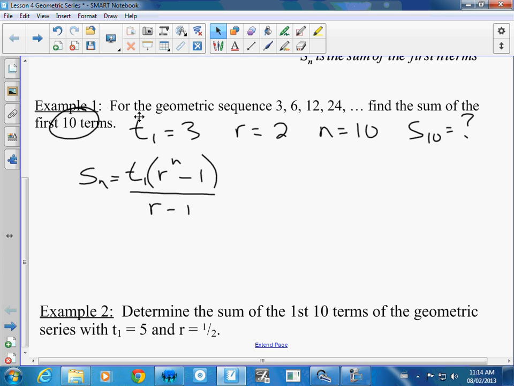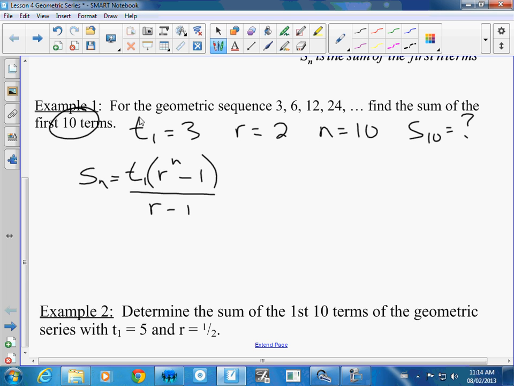The most common mistake is that they put that minus 1 with the exponent. Trust me, they'll write it like R to the N minus 1 up the top. I'm warning you now because some of you will make it. Then we'll all have a good laugh.